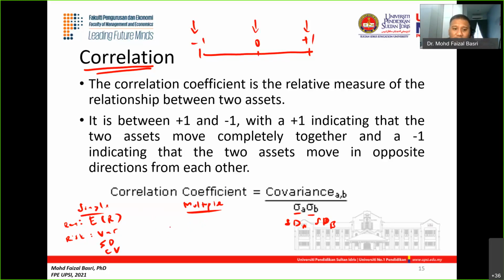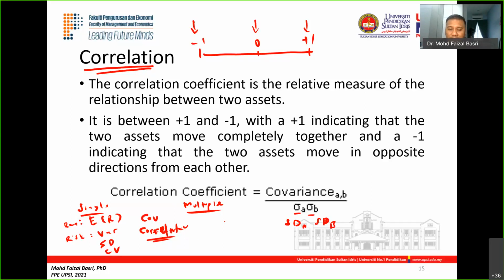Before we do the multiple, we need to transition our measurement here by calculating the covariance and also correlation. So we have two measurements, covariance and correlation.